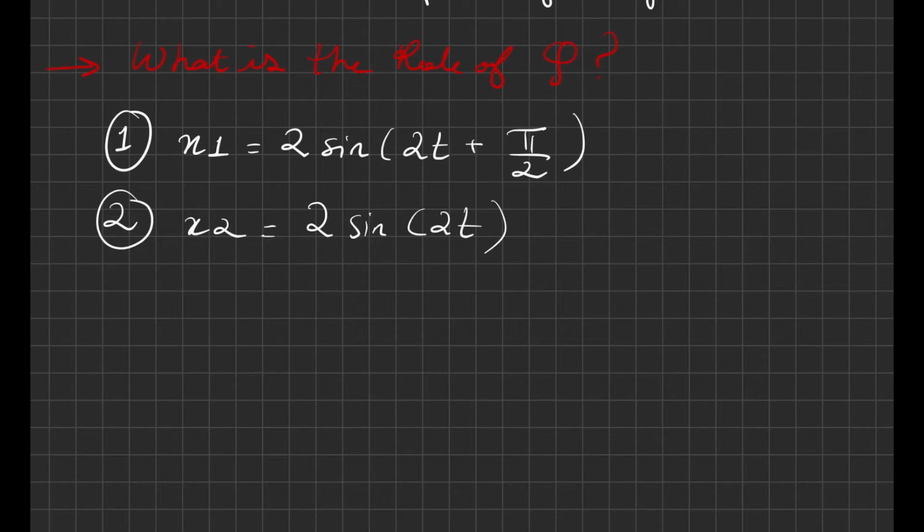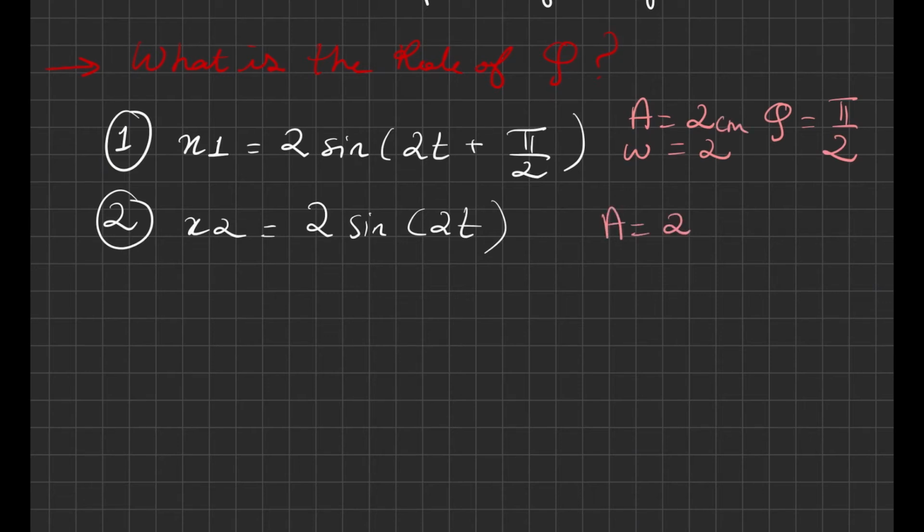In this function x1, let's put a nice color. Pink is nice. The amplitude equals 2, omega equals 2, and phi equals pi over 2.